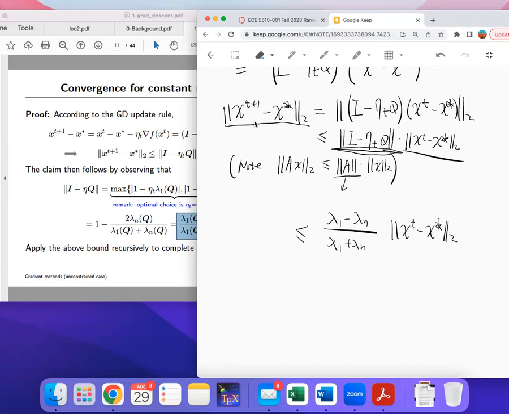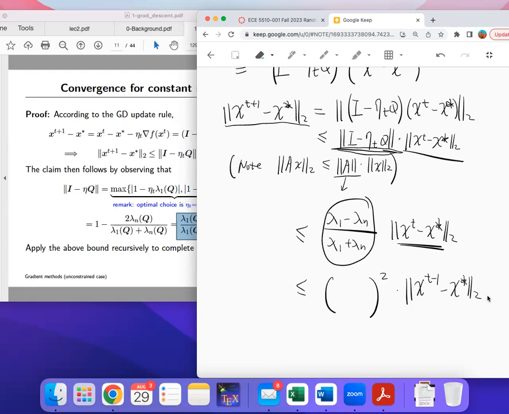And then you can apply this recursion over T to get this claim, right? So the next difference is the previous difference times this scalar. And you apply this to the previous one again. So it's this one to the power of 2 times x_{t-1} minus x star, right?